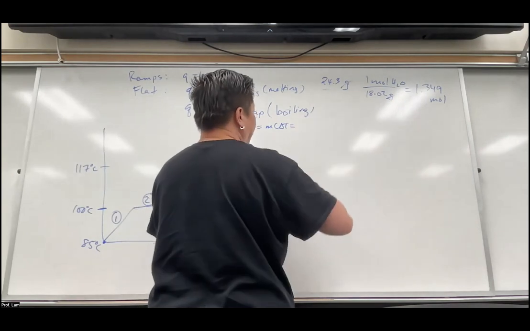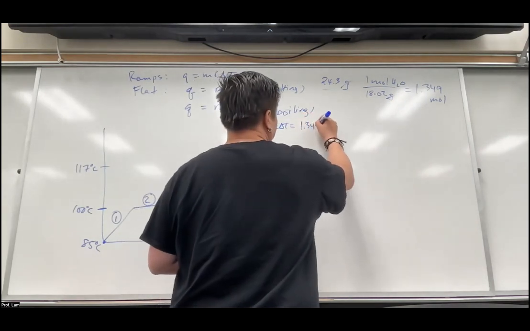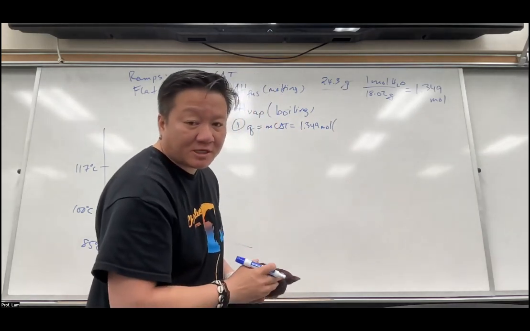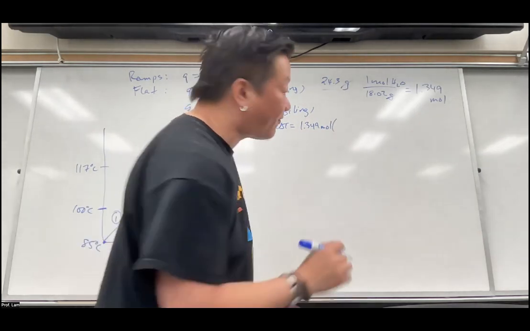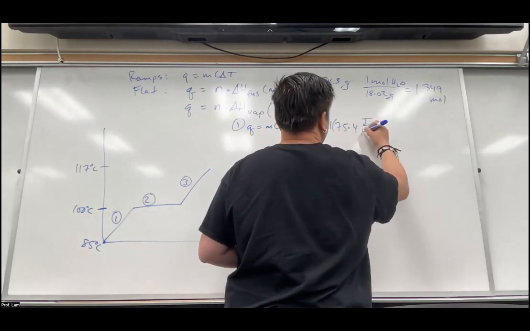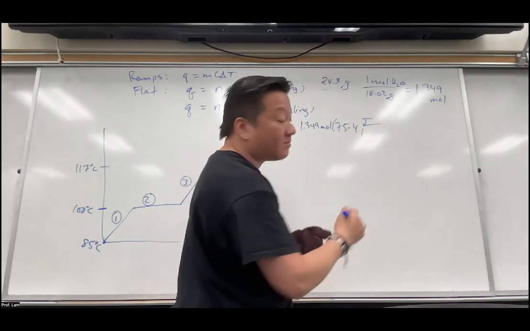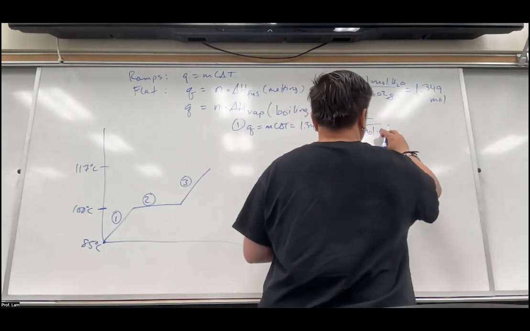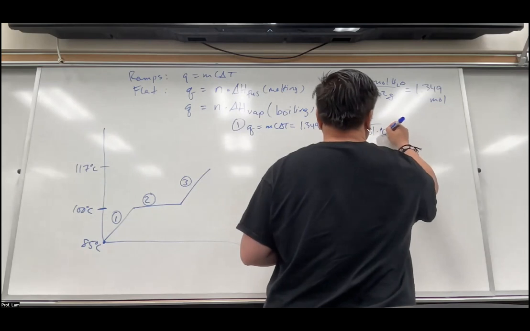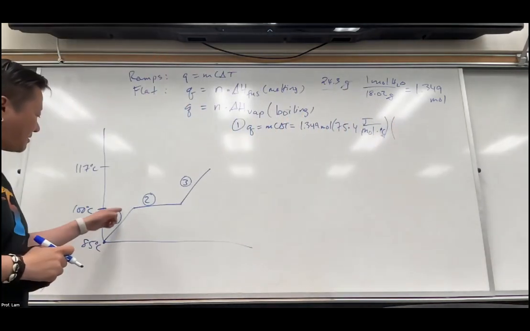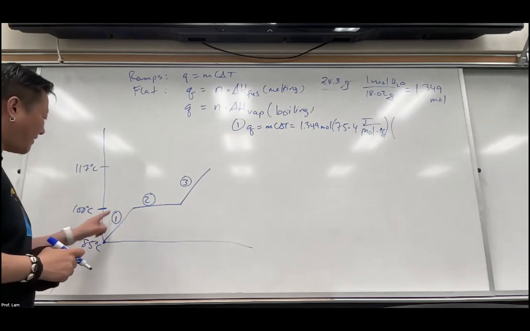So now I'm going to use 1.349 moles times liquid water, which is 75.4 joules per mole per degree Celsius, times delta T. Okay. So the first ramp is going from 85 to 100.